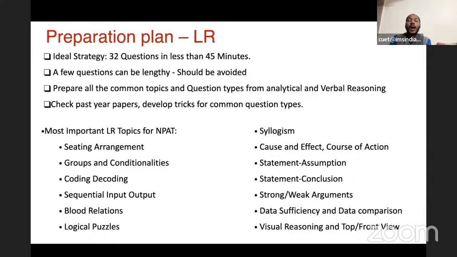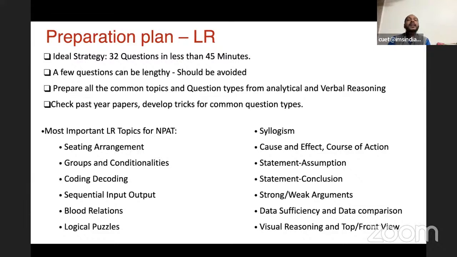To answer this well, you have to be conceptually very strong. Therefore practice data sufficiency well, and know what kind of questions you are good at and what kind you're not good at, to be able to make that decision of attempting or leaving a question. All right, so these are the top areas that need to be worked on in the LR section.